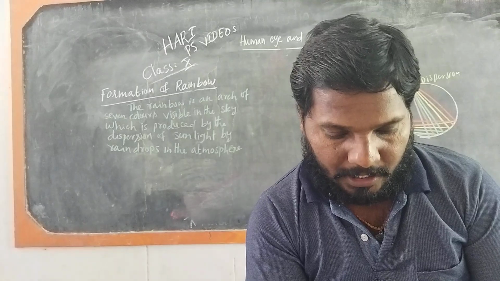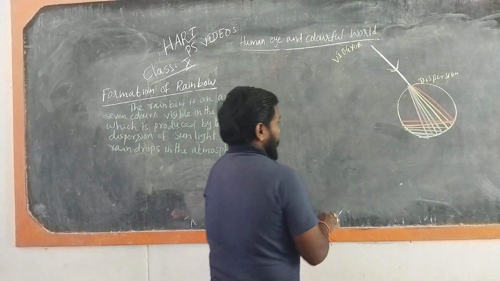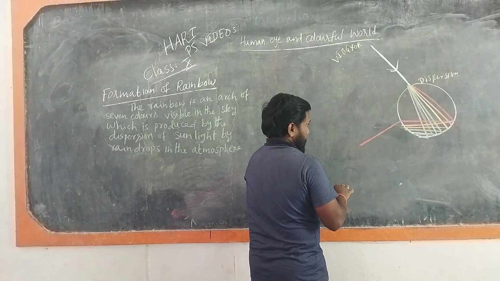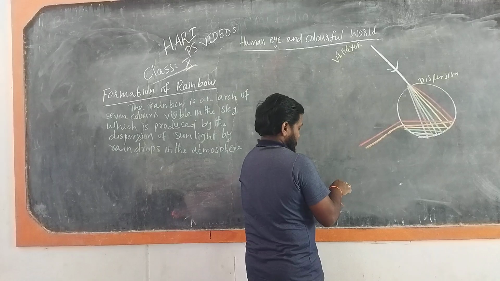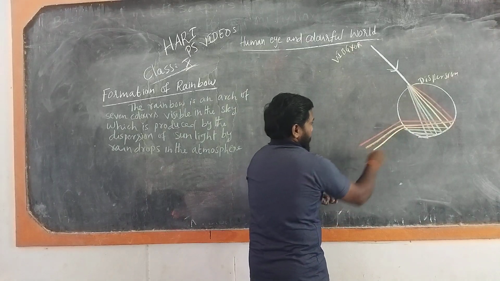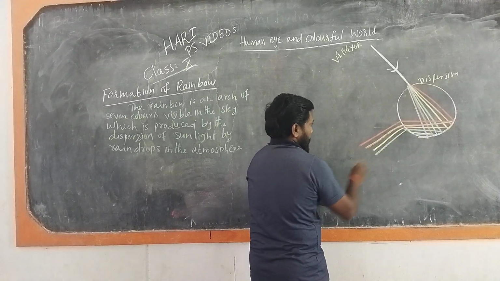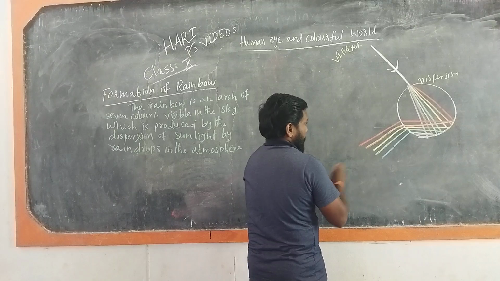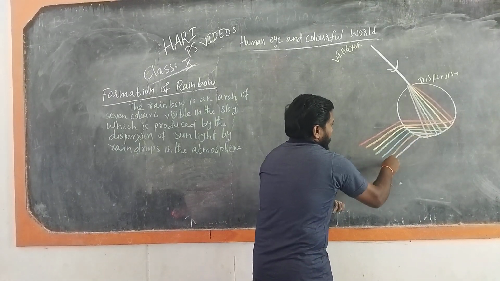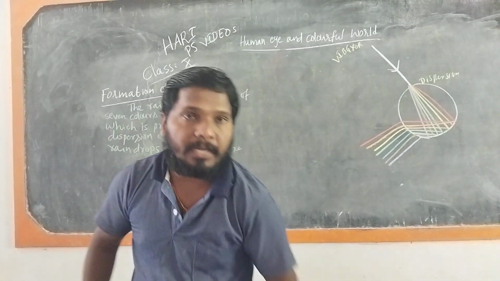So the natural spectrum, the rainbow, splits into 7 various colors.